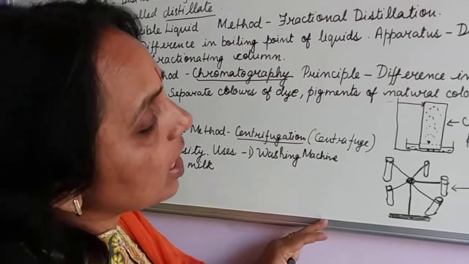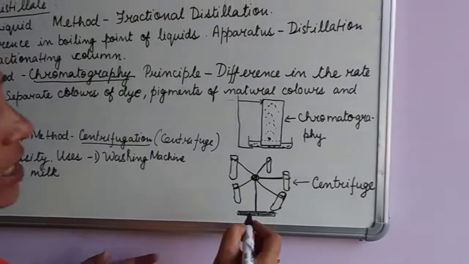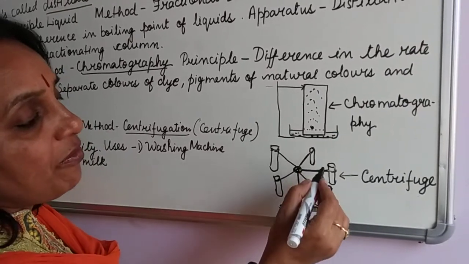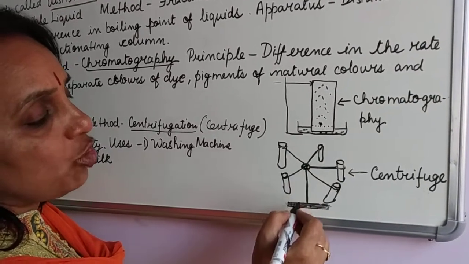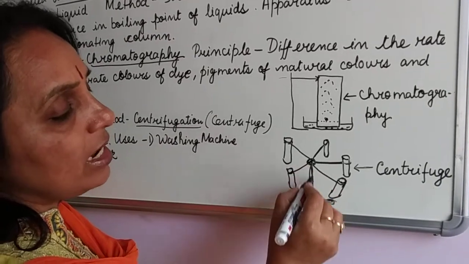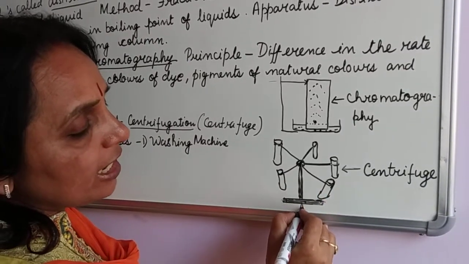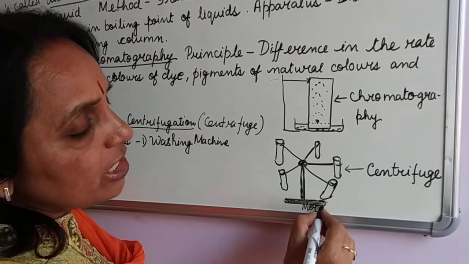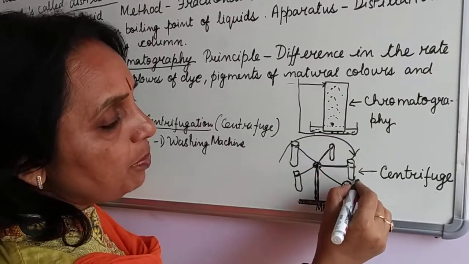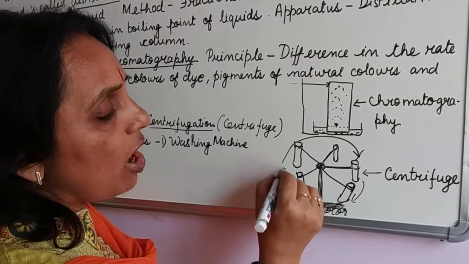Now, how does a centrifuge machine look like? Centrifuge machine has, as you can see, a stand where various test tubes are there, and this stand is connected to an axle which is in turn connected to the motor. So this centrifuge machine can spin in any one particular direction, clockwise or anti-clockwise.